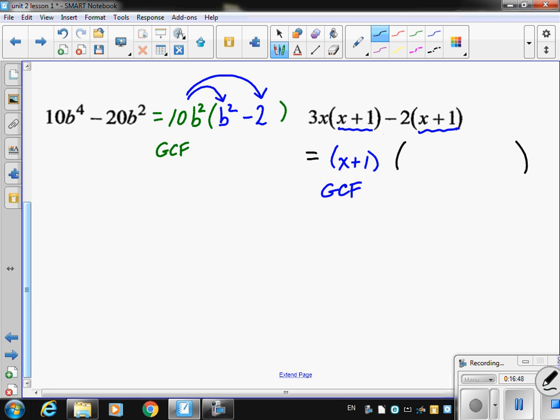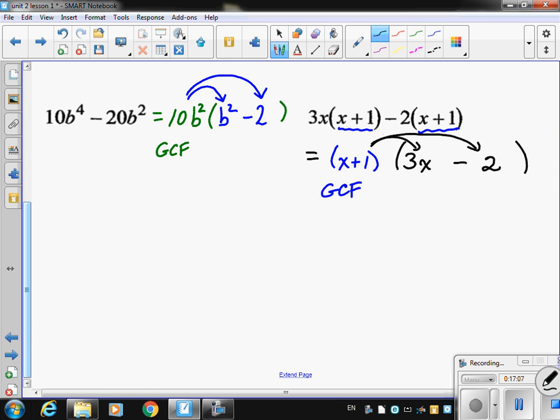X plus 1. For my first term, I'm missing the 3x part. What do I multiply the x plus 1 by to get the second term? I'm missing the negative 2, and I'm done.